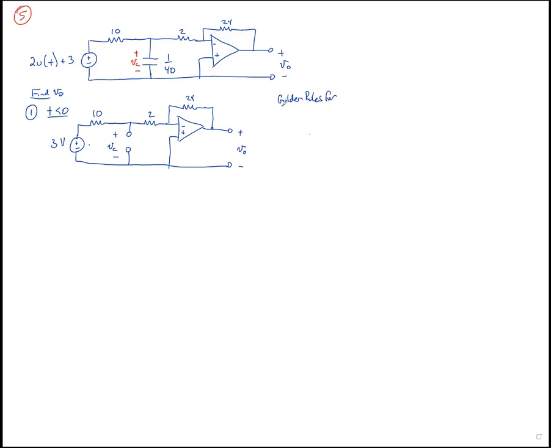Okay, so the golden rules for op amps. There's just 2 of them. The first is no current goes into it. Now you can have current coming out of it, but no current can go into it. And that seems to violate KCL, that the sum of the currents has to be 0. So if no current goes in, no current can go out.